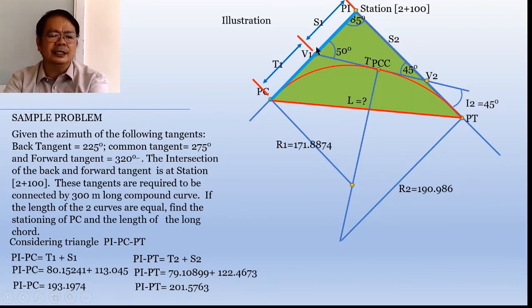Looking further at this triangle, you will notice that it consists of two known sides, this distance and that distance, and the included angle of 85 degrees. Therefore, the third side, representing the length of the long chord, can be computed using the cosine law.